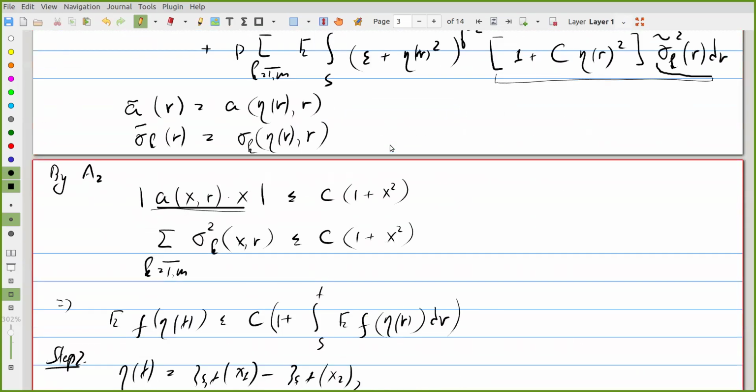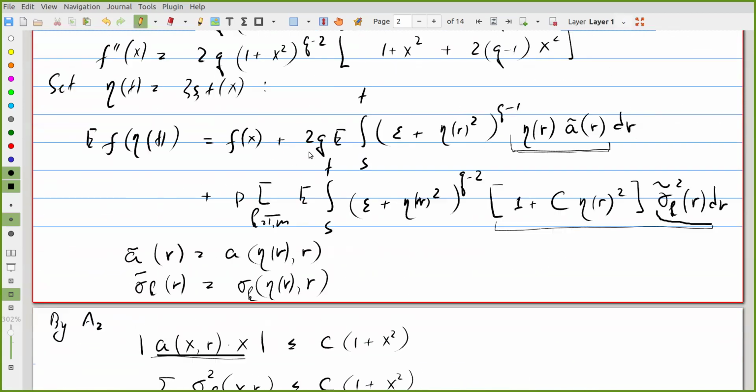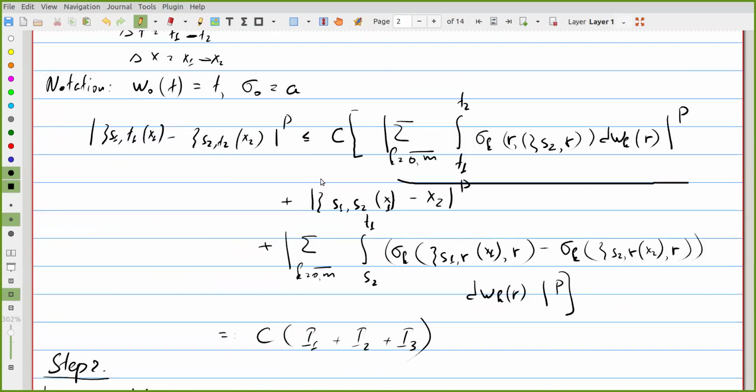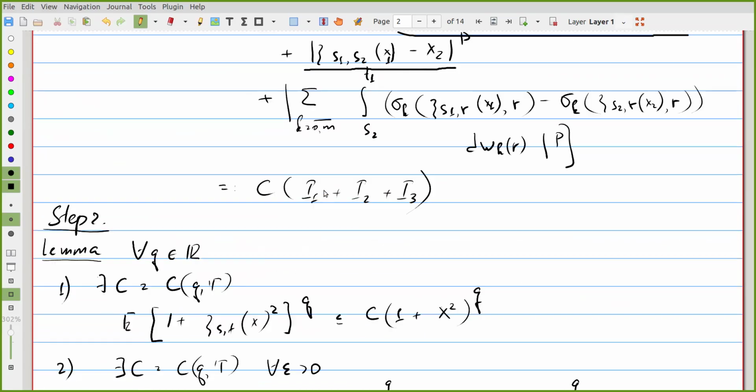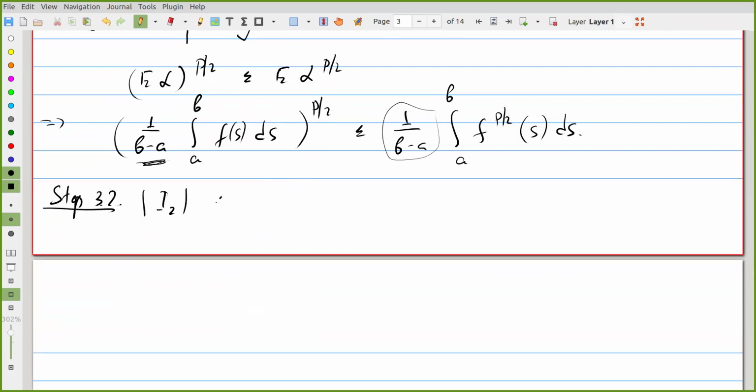A2 was the difference between, yeah, is less than, again, just delta x to the power p plus psi s1 s2 x1 minus the starting point to the power p. And again, we have already an estimate for this from the previous lectures.